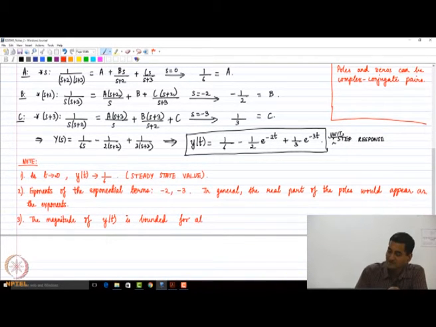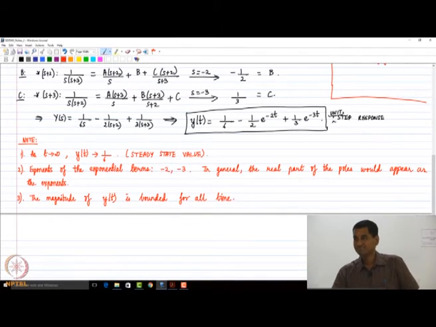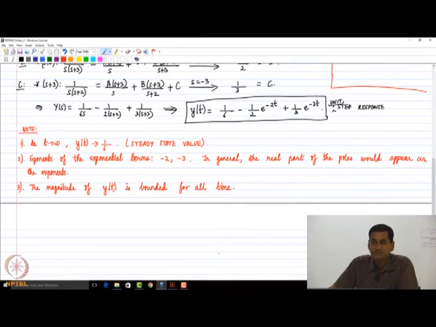And it so happens that the system is also bounded input, bounded output stable. We would come to that interpretation by the end of this class. Is it clear how we got this expression, how we simplified it, and observed certain characteristics of this response?